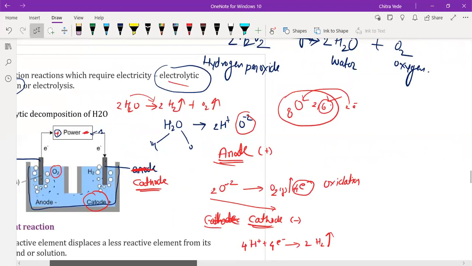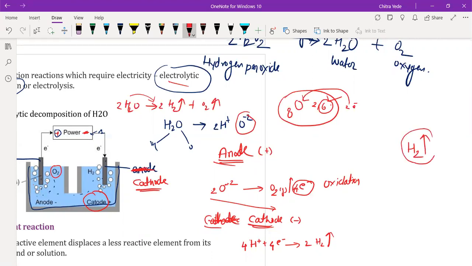It will break down to form oxygen atom, oxygen gas and hydrogen gas. All right. I thought it would burn, sir. See, when hydrogen is produced and it comes in contact with air, then it catches fire.